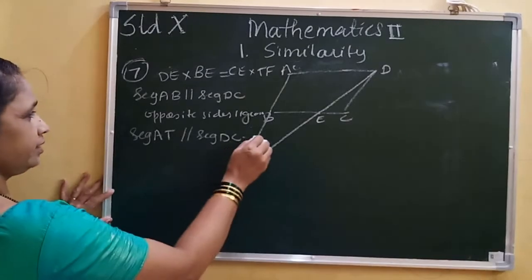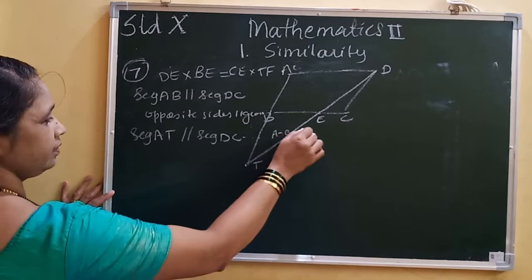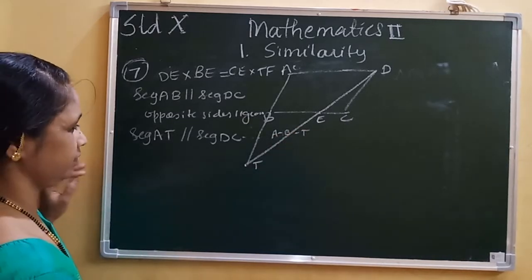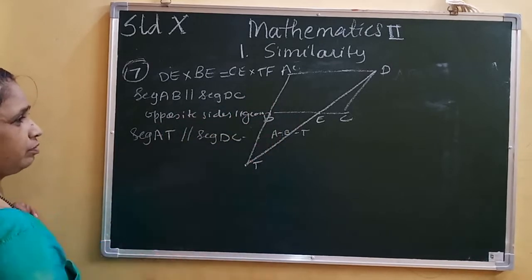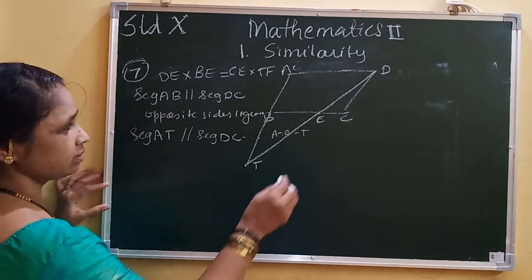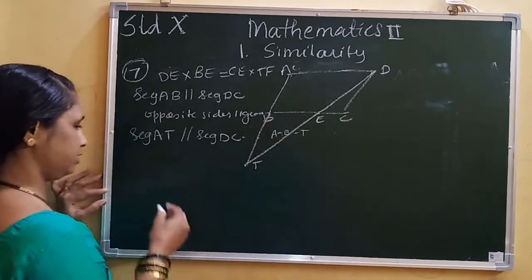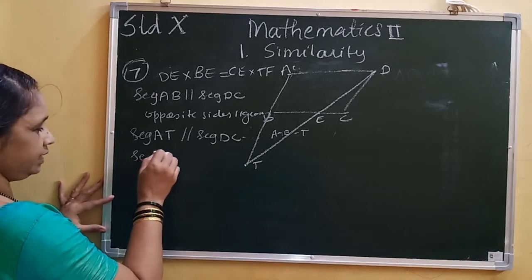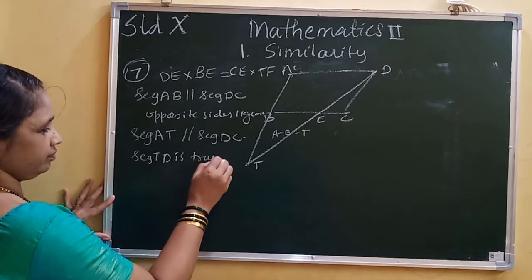Why is it so? Because A, B, T are on the same line. So as AB is parallel, AT also will be parallel to this. Now what we will consider, this is the parallel. So we will consider segment TD is a transversal.